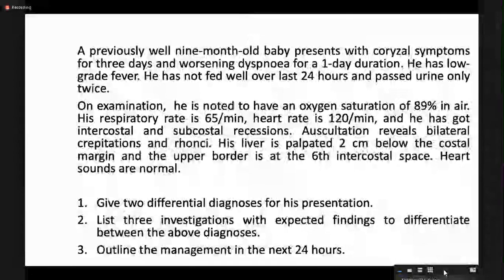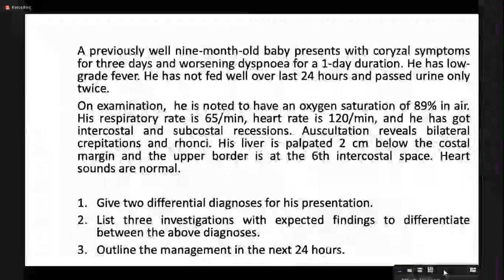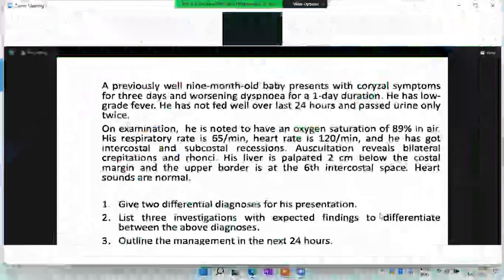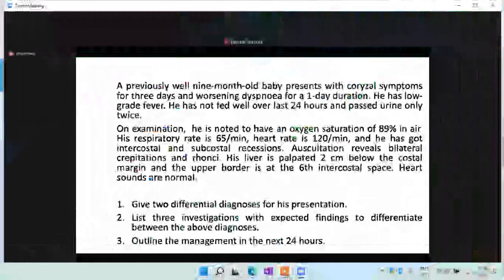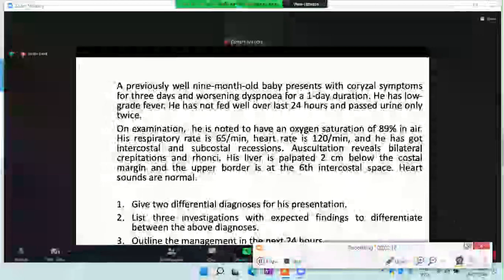The saturation is low in air, that is 89, madam, and the respiratory rate is also quite high. Heart rate is normal for this age, 9 months. In the inspection, the child has intercostal and subcostal recession also. And the liver is pushed down, madam. So these are the keywords in the history.